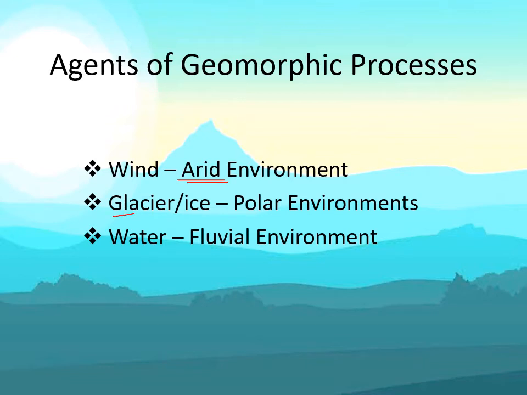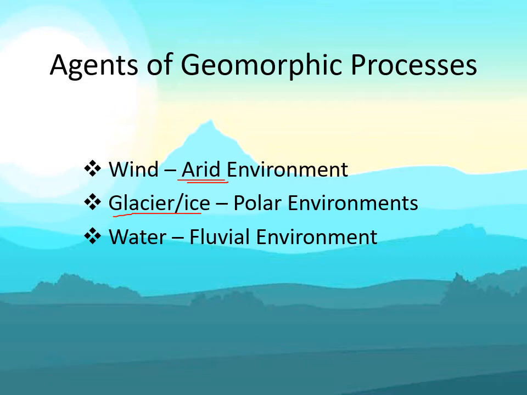Second agent is the glacier and ice. Now, whenever we hear the term glacier or ice, the first thing that comes into our mind is the polar areas, that is the Arctic and Antarctic poles. We know that those poles, throughout the entire year, are covered with ice mass or glaciers.